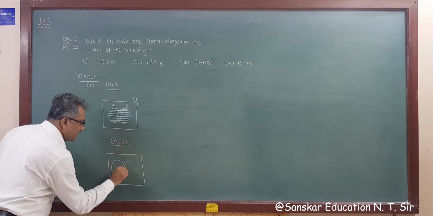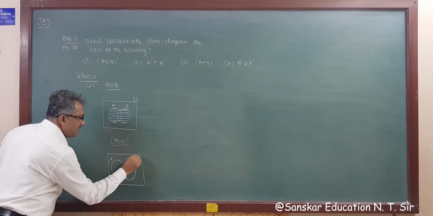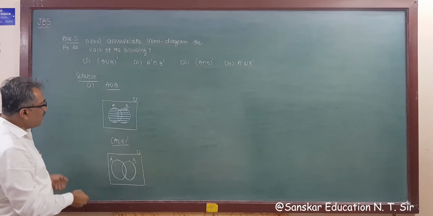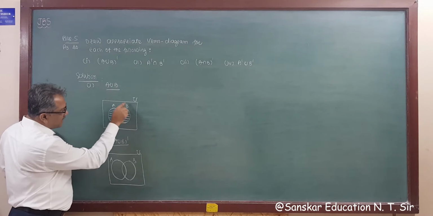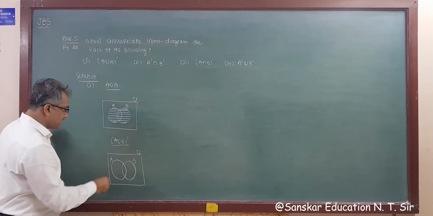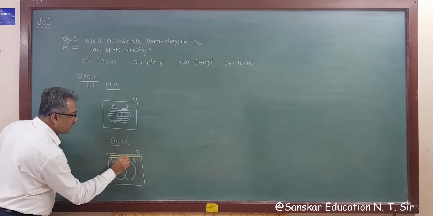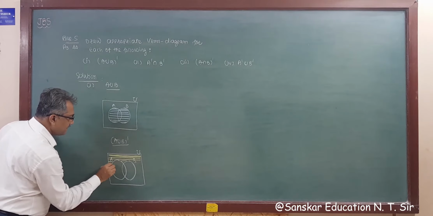This is set A, this is set B, and this is your universal set U. Now all elements except this, the outside part, this part is your (A ∪ B)'.